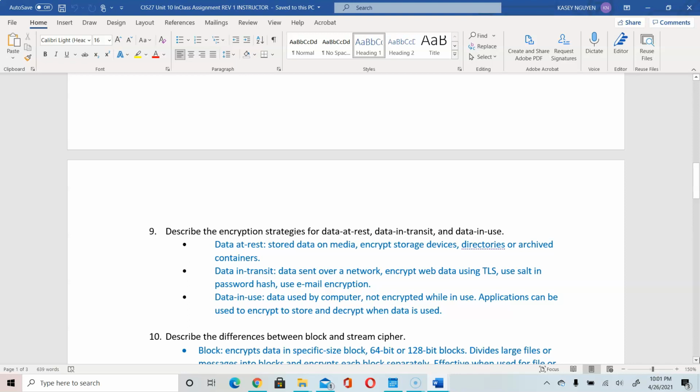Data in use is the data being accessed by the system. We would not encrypt the file while it's in use. When it's complete and we store it, we would then encrypt the stored file. When we need to use it again, we would decrypt the data.